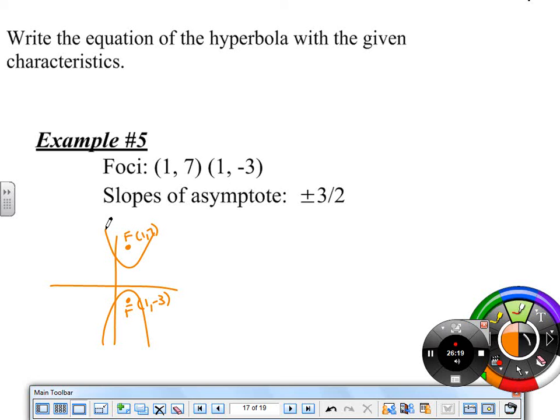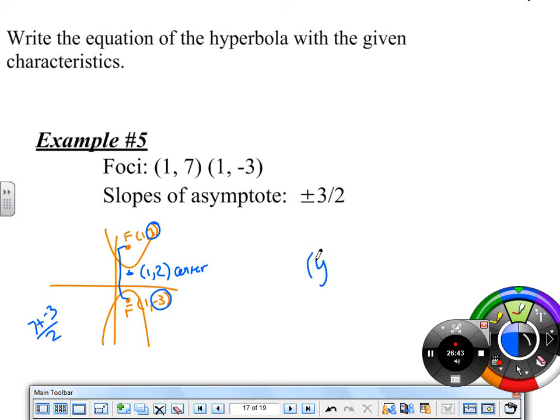I can also find the center between these two, because the center is going to have to be some point that is exactly in the middle here. So it's going to have an x-coordinate of 1, and then exactly between 7 and negative 3, if we add them together and divide by 2, that will give me 2. So the center is at the point 1, 2.